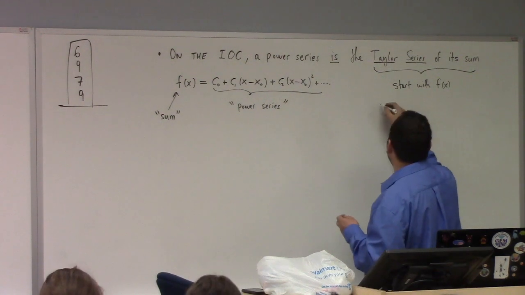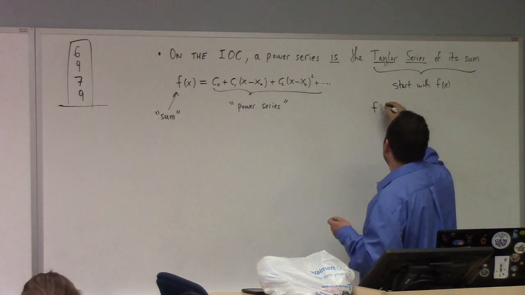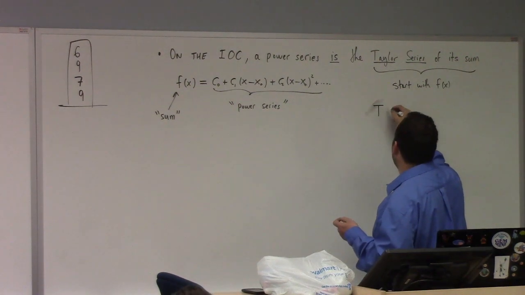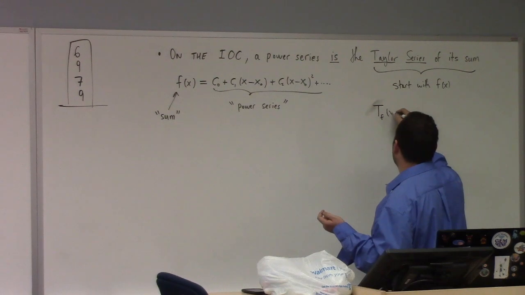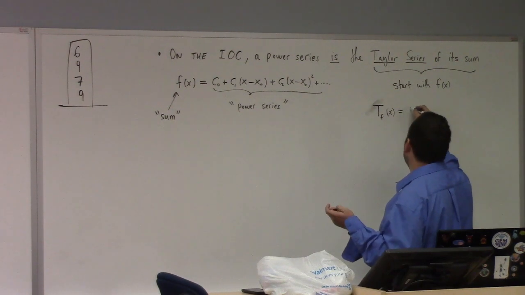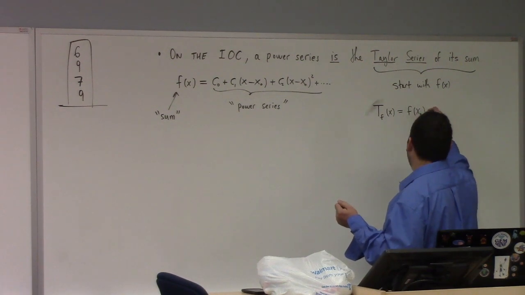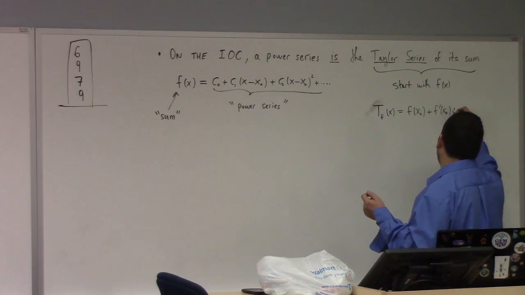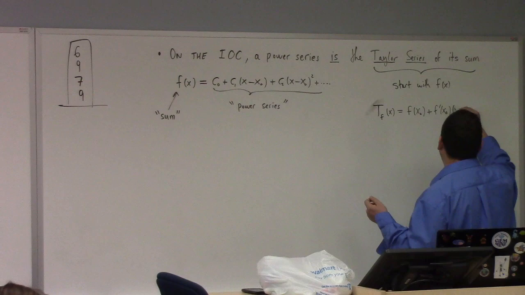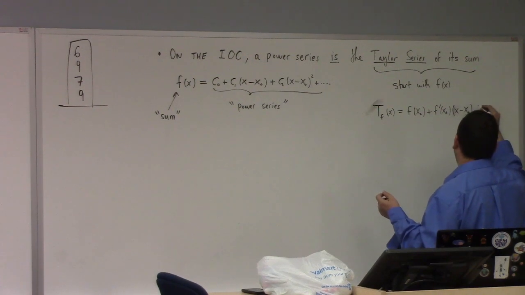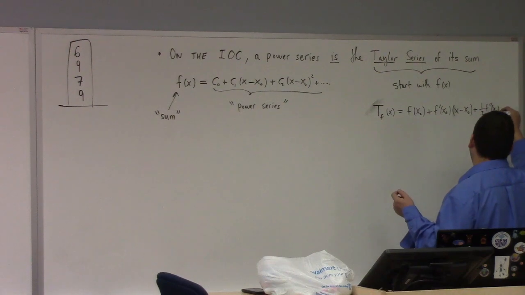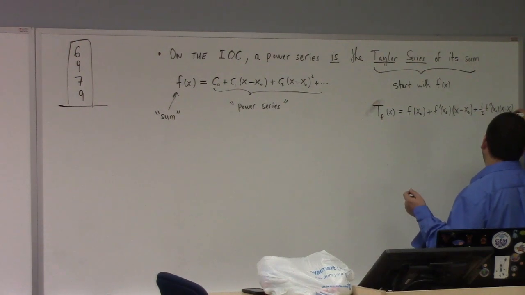The Taylor series of its sum actually is, let's say, I'll say T sub f of x for Taylor series of f. And that's going to be f of x naught plus f prime of x naught times x minus x naught plus 1/2 f double prime of x naught times x minus x naught squared.